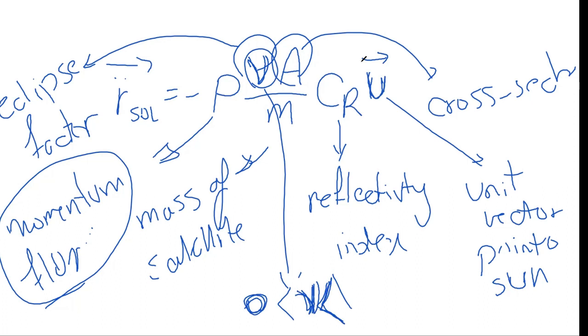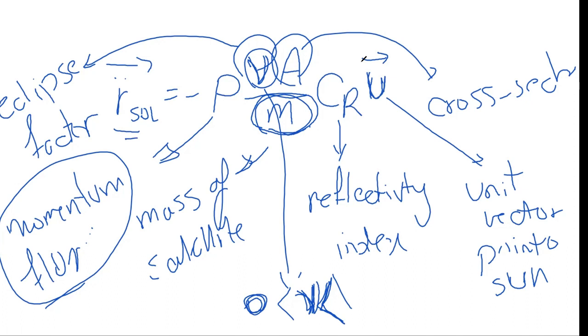Then we have the flux. So yeah, we have the solar radiation. The mass of the satellite is in the denominator. It means that if the mass is higher, if the satellite is heavier, the acceleration, or the change in the satellite position, is less.